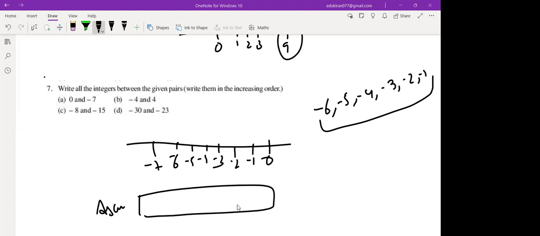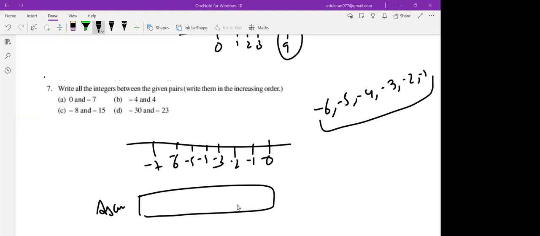Ma'am, minus 4 and 4. It is like minus 4, 1, 2, 3, 4. And then minus 4, minus 3, minus 2, and minus 4.